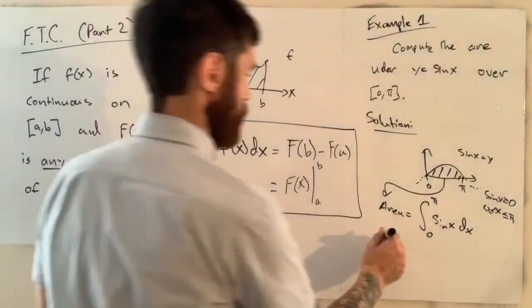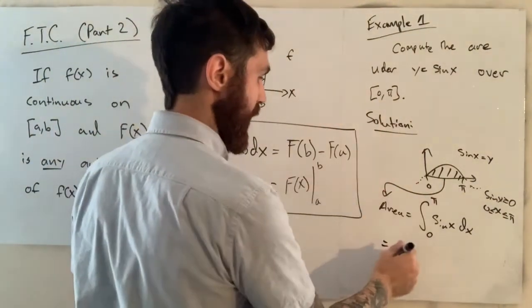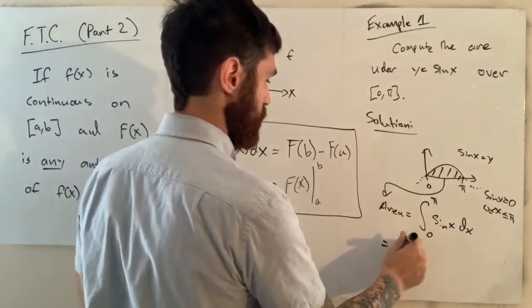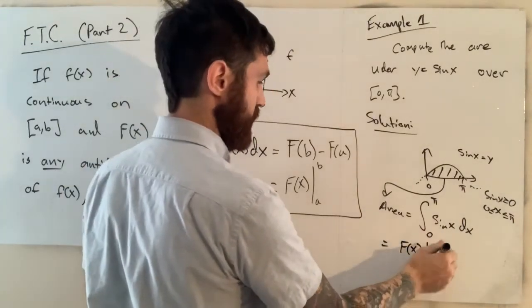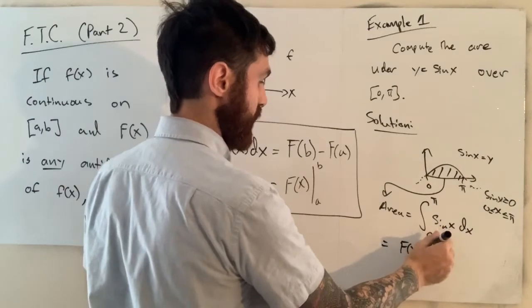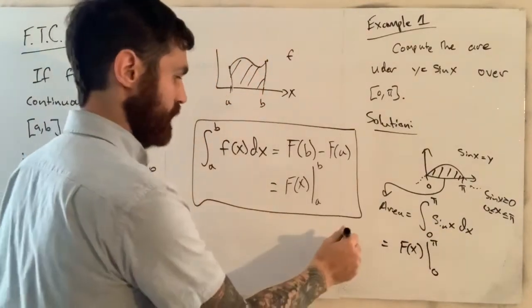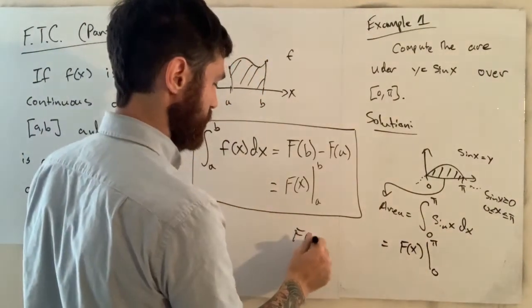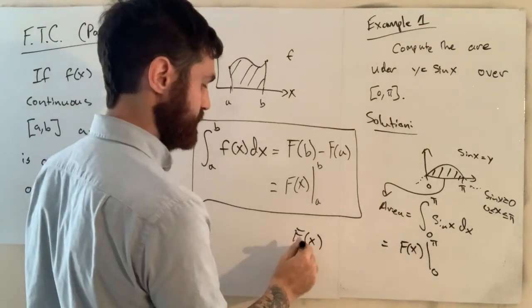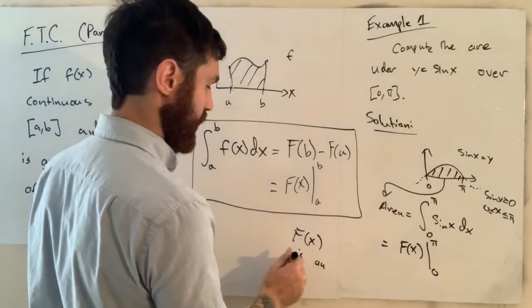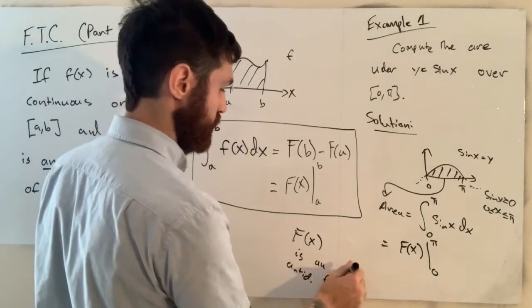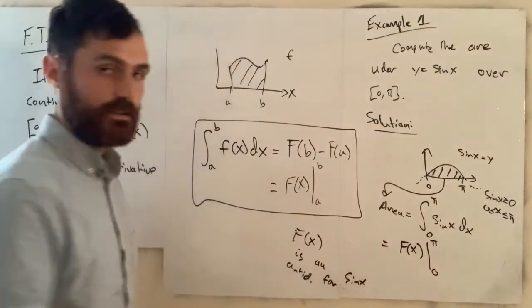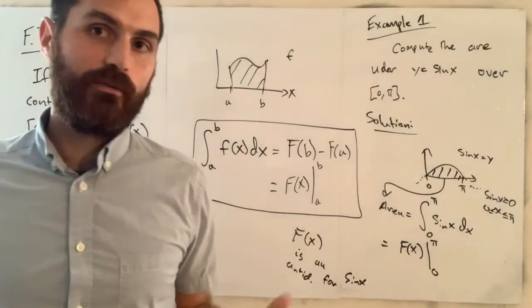Well, we're going to write it as big F of x from 0 to pi, where this big F of x is an antiderivative for sine x. And I get to choose any antiderivative I want.